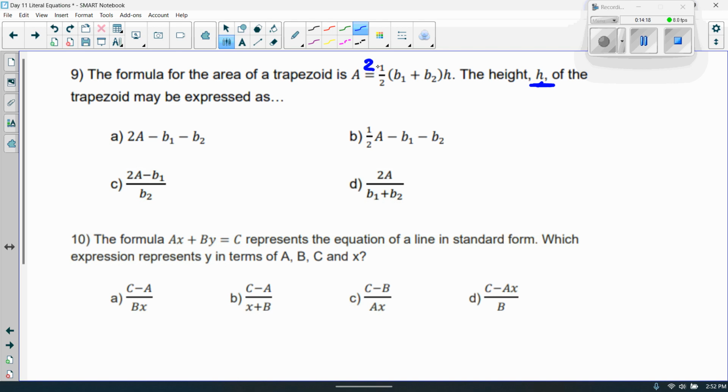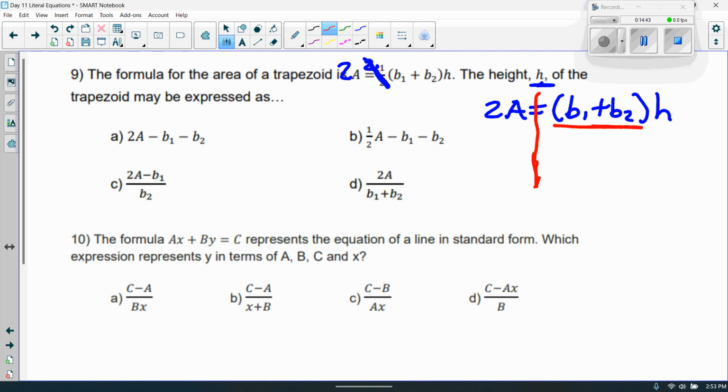So we're going to multiply by 2 first to get rid of the half. So we have 2a is equal to, the half disappears. That's why we multiplied by it. 2. B1 plus B2 times H. Okay. So now, take a look. We want H. So now, I see that this parentheses is right next to the H, which means that's multiplication. So how do we get rid of multiplication? We divide. So let's divide.